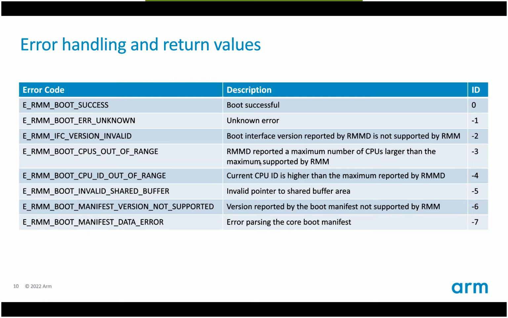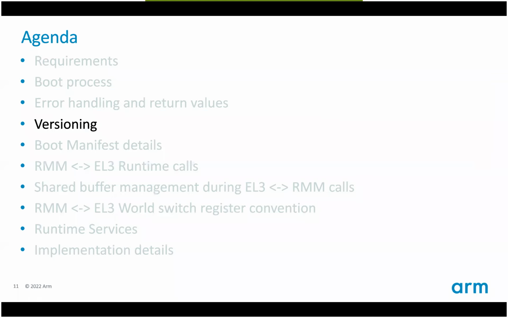The first is boot successful, and then apart from an unknown error, which is a generic error, we have errors, for instance, for version mismatch with the boot interface or with the boot manifest, invalid pointer to the shared area, CPU ID higher than the maximum reported by EL3, number of CPUs larger than the maximum number of CPUs supported by RMM, etc. I don't know if there are any questions in this regard.